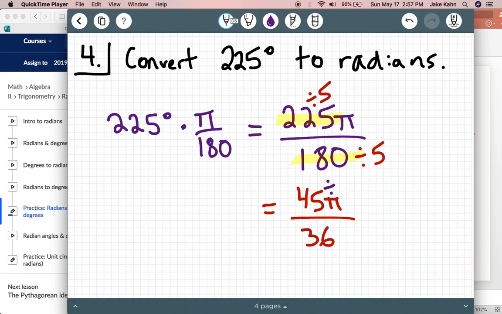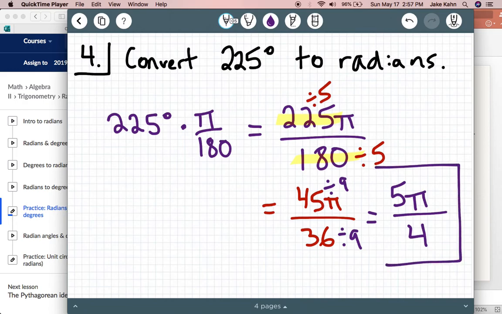The highest number I can think of, the greatest common factor, is 9. So simplifying this once more, 45 divided by 9 is 5. So we have 5 pi over 36 divided by 9 is 4. So we have 5 pi over 4 radians. That's my final answer.